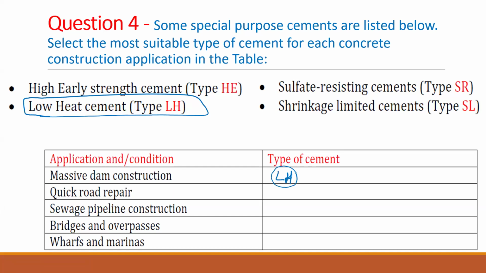Okay. Do you agree with me as well? Yeah. Okay. So quick road repair, what do you recommend? High early strength. Sewage pipeline construction: sulfate resisting, because we don't want that cement to react with the sulfate and make the concrete swollen.